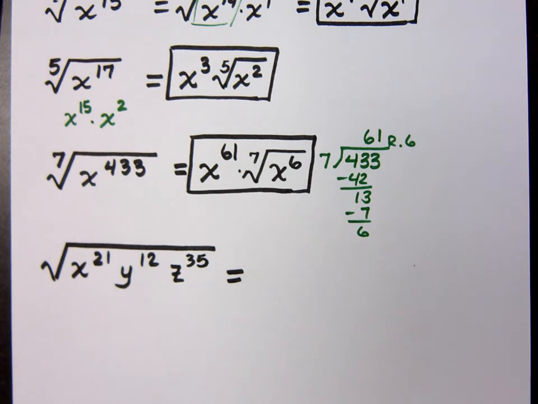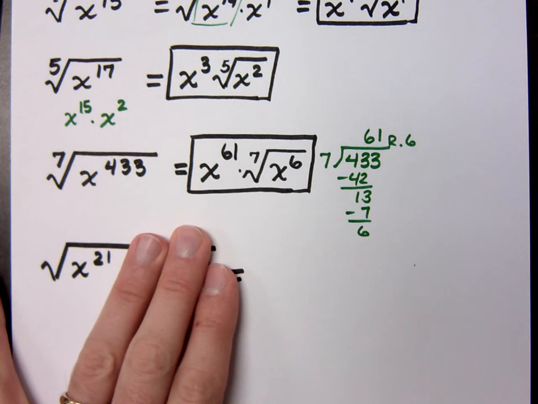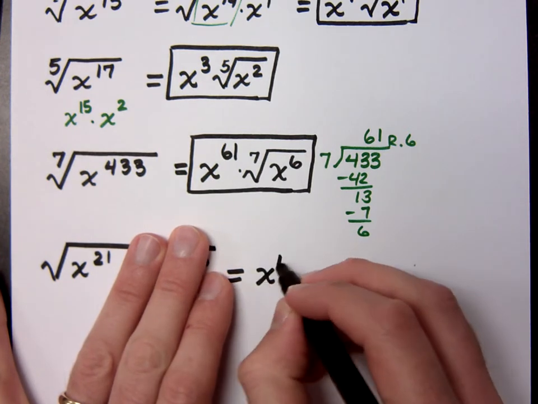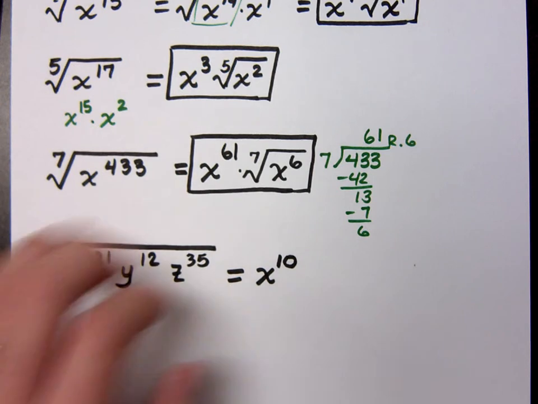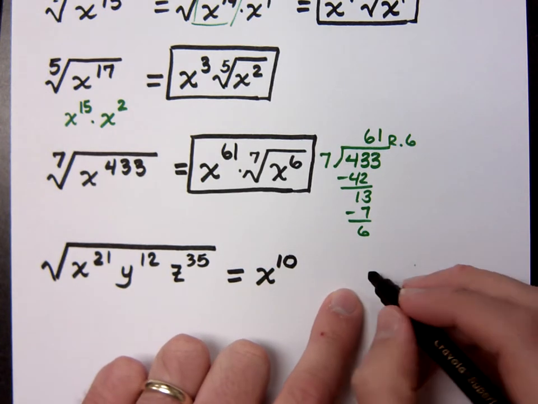Let's piece by piece look at this. If I just have this guy right here, what are you going to get from that? You get x to the 10th, but you're going to have some x left over, right? Before you start writing anything about that, know that you're going to have y and z factors to pull out, so leave some space for the y and the z factors.